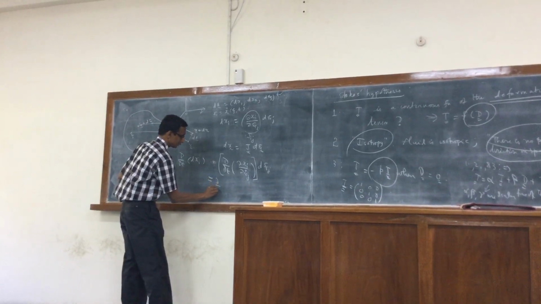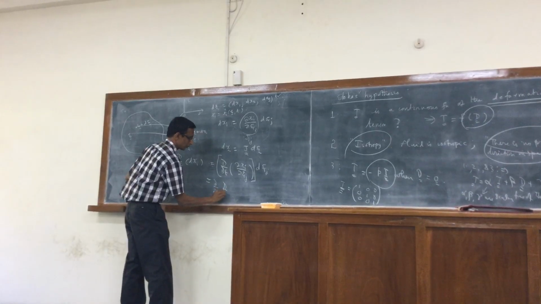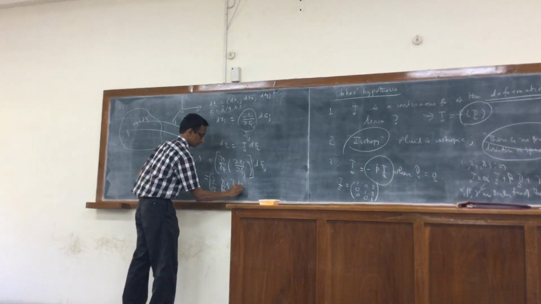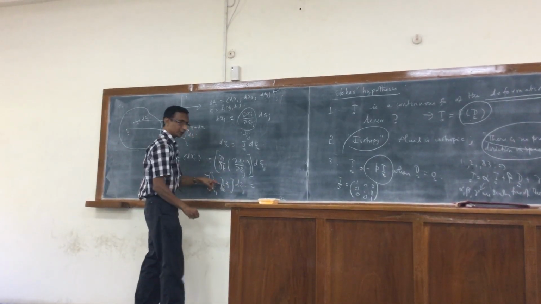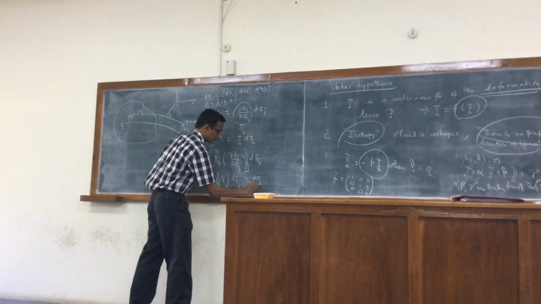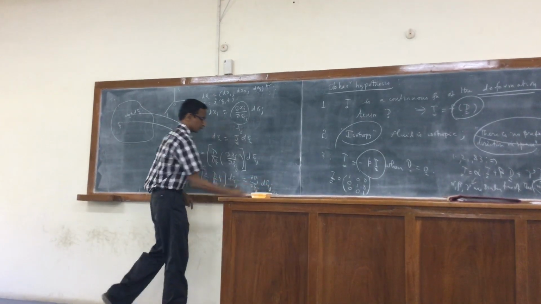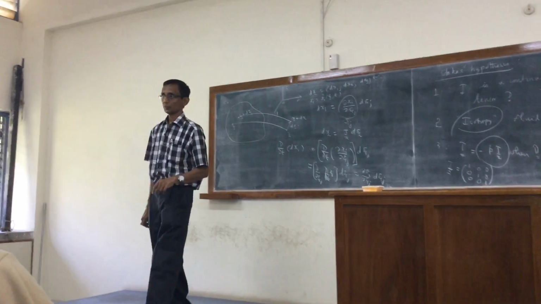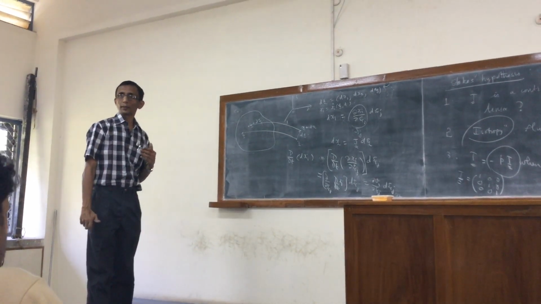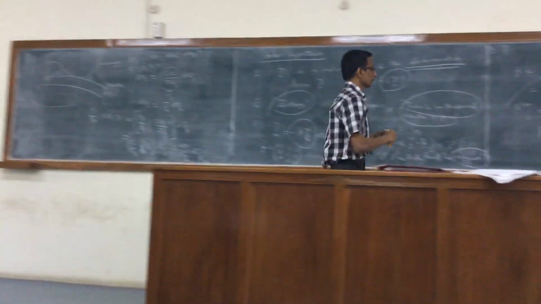So I get d by d psi j acting on d by dt of xi, which is nothing but the ith component of the velocity. So I get this as dvi by d psi j times d psi j. Now I want to go back to the spatial coordinates. So I will do the same trick that I did earlier.